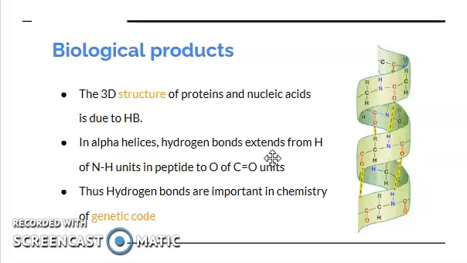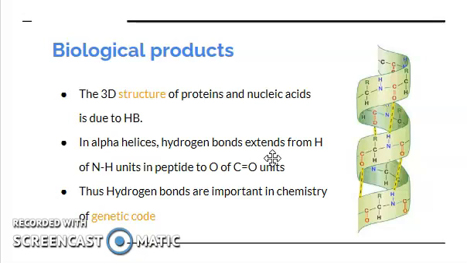Next, biological products. The 3D structure of proteins and nucleic acids is due to hydrogen bonding. In the alpha helical structure, the hydrogen bonds take place between the hydrogen atom of the NH unit and the oxygen atom of the carbonyl unit. You can see here it is in yellow color.